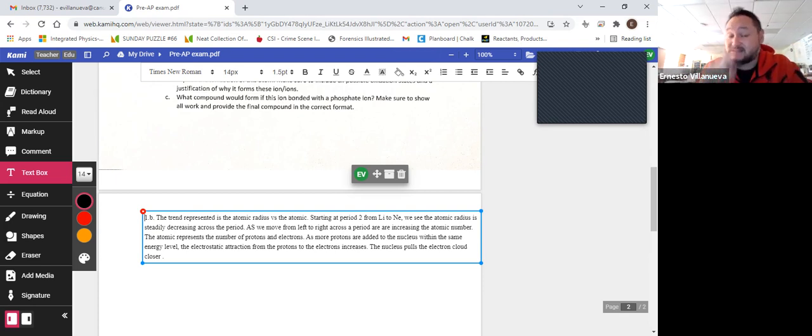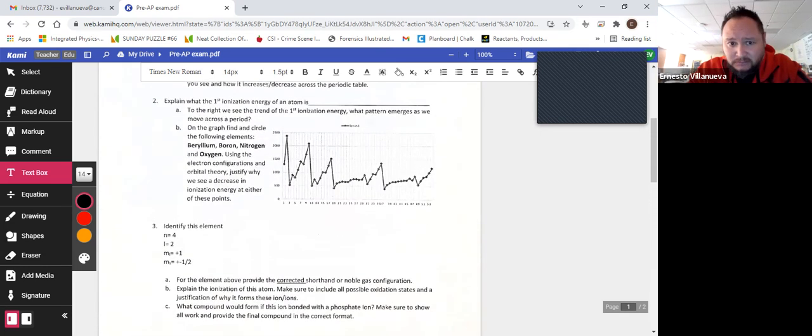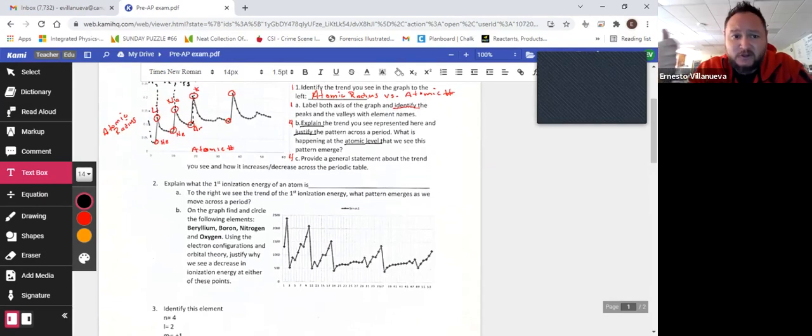Now, I know I've said this in class several times, and that should have been in your notebook, because when we did the Socrative, we explained that. So this response here addresses everything that I asked. I didn't have to write a novel, but it says explain the trend across a period. It's decreasing. What's happening at the atomic level is we're adding more protons to the nucleus.